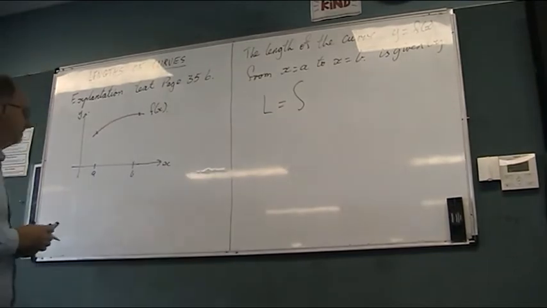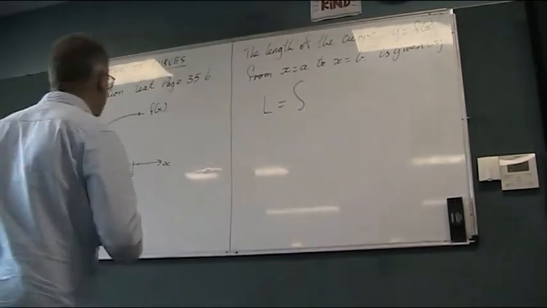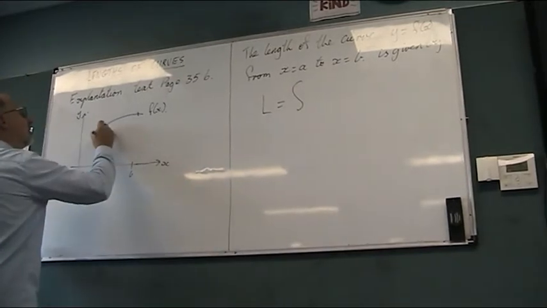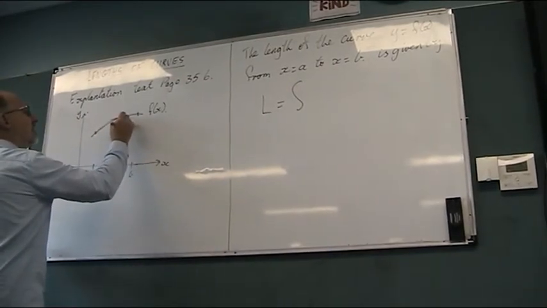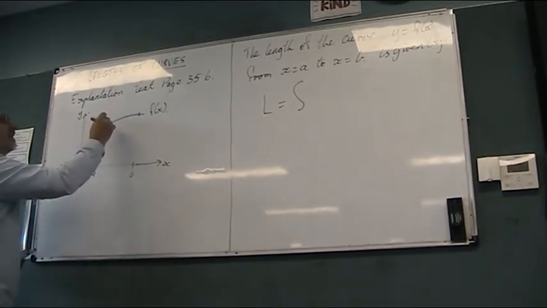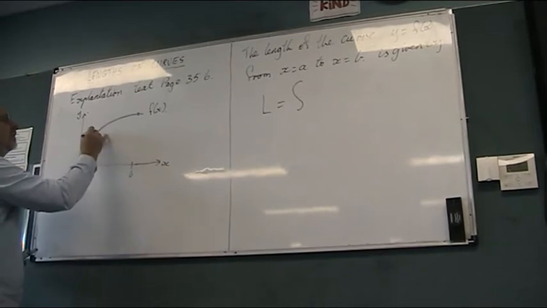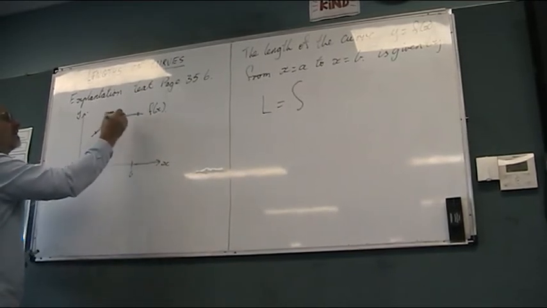Alright, so as I said, essentially what we do, just run that again, is we do some straight lines and find the length of those straight lines. We can find the lengths of those straight lines easy enough if we know the coordinates of those points.